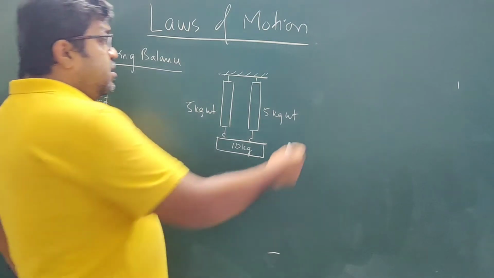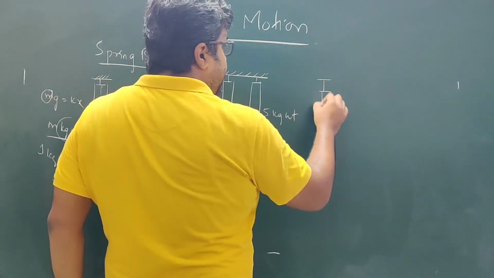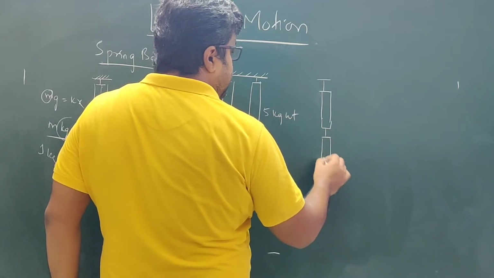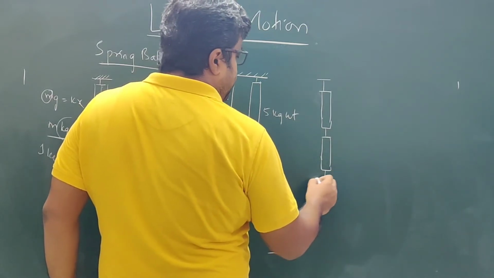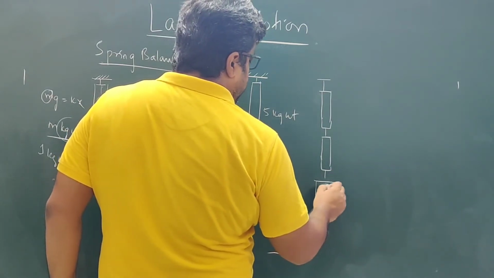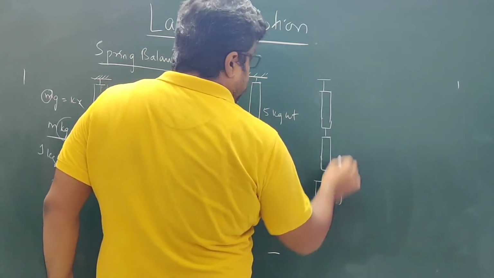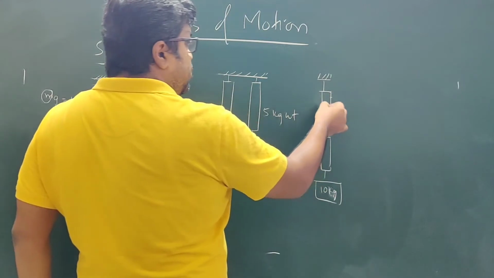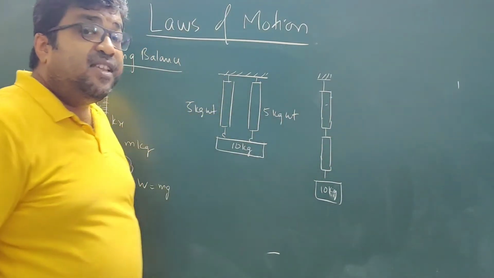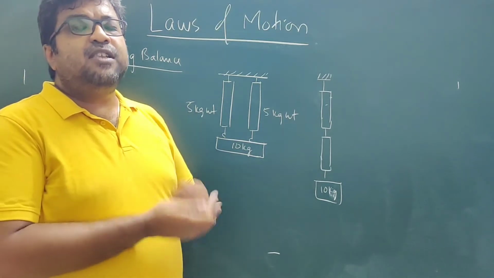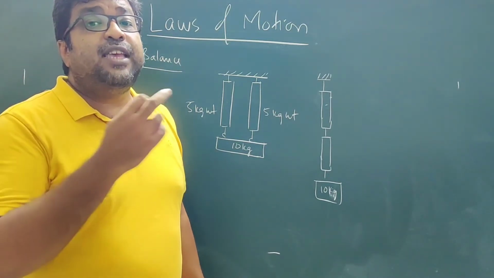Now suppose you have one spring balance and another spring balance, again identical, and now again this 10 kg load. Now in this case, the two spring balances are in series. Now if spring balances are in series, they will record the same reading.